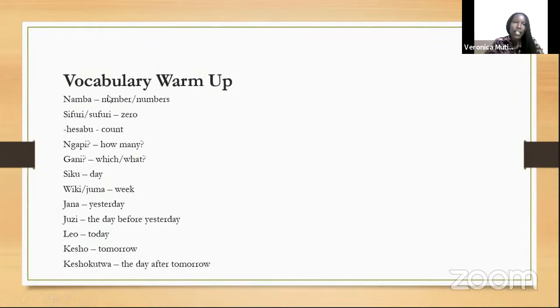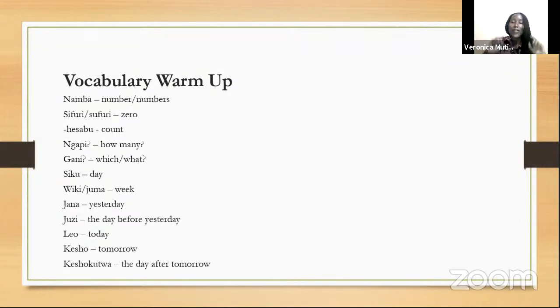So as we start, I like to introduce you to a very short list of vocabulary. These words you're going to be using with the things that we are going to learn today. So the sentences that we are going to be forming and examples in class, we are going to use this. So the first one is number.